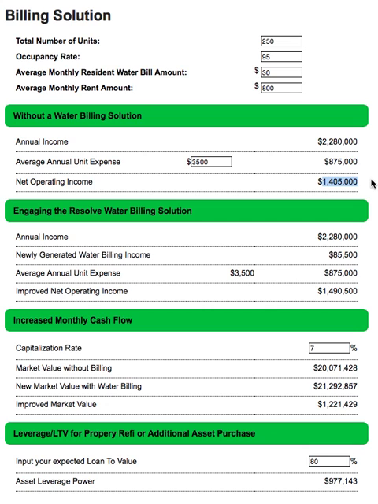So if we bill out the water services, that 2.28, we're able to generate another $85,500 in revenue. So we go from 2.28 plus the 85.5 minus our expense, and our new net operating income goes to 1.49, almost $1.5 million.